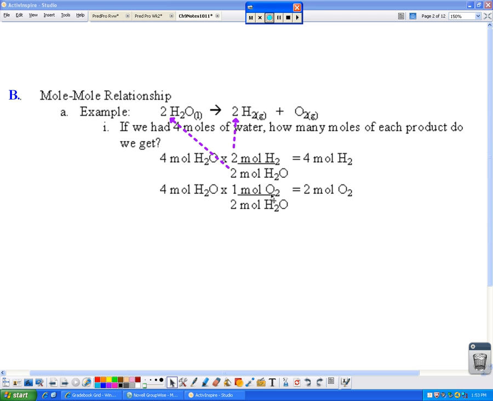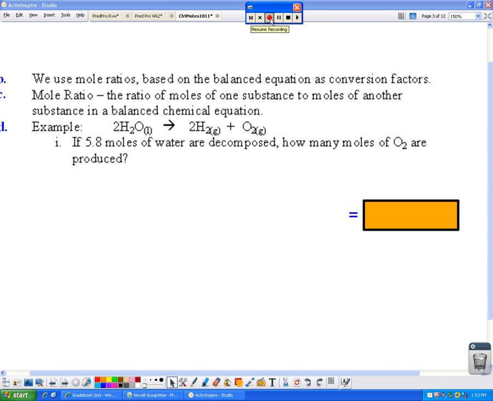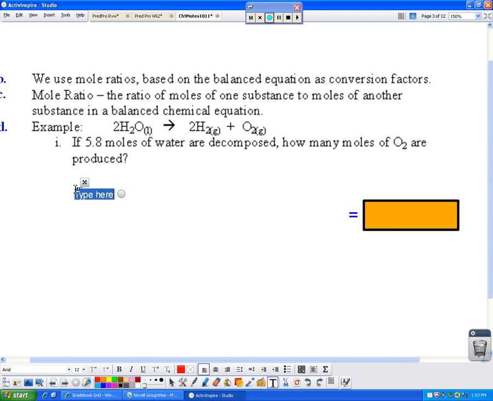And the only thing about this is our units actually come from the balanced equation. So here's our last example. We're going to try to figure out if we have 5.8 moles of water being decomposed, how many moles of oxygen are produced. So we start off, we're just going to write down our given, 5.8 moles of water.